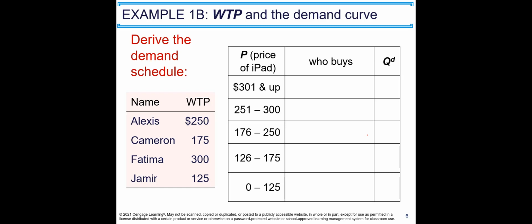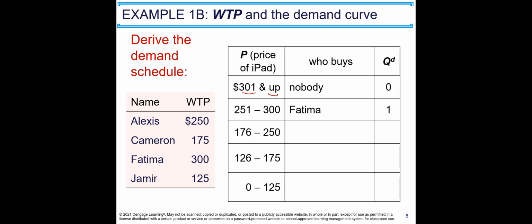Now let's derive the demand curve based on the price. If the price is $300 and up, none of these roommates are going to buy. Nobody, quantity demanded is 0. If the price is between $251 and $300, Fatima is going to buy, therefore quantity demanded is 1.